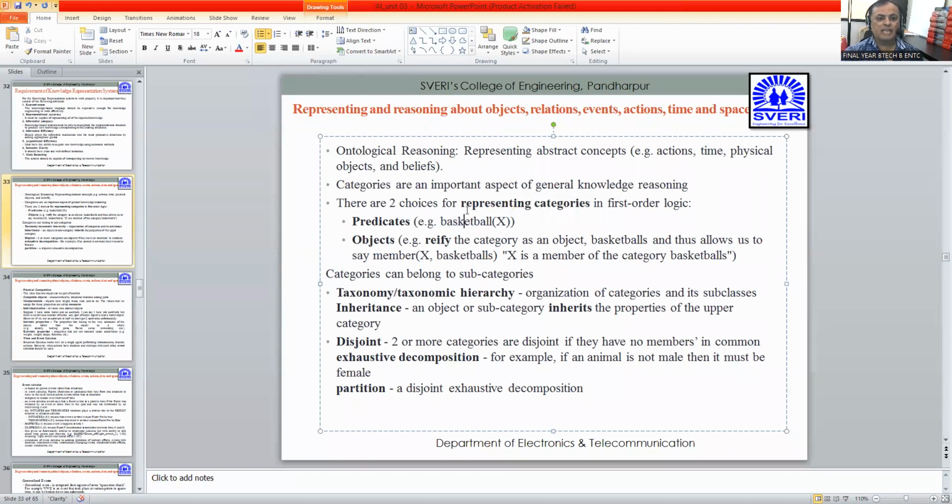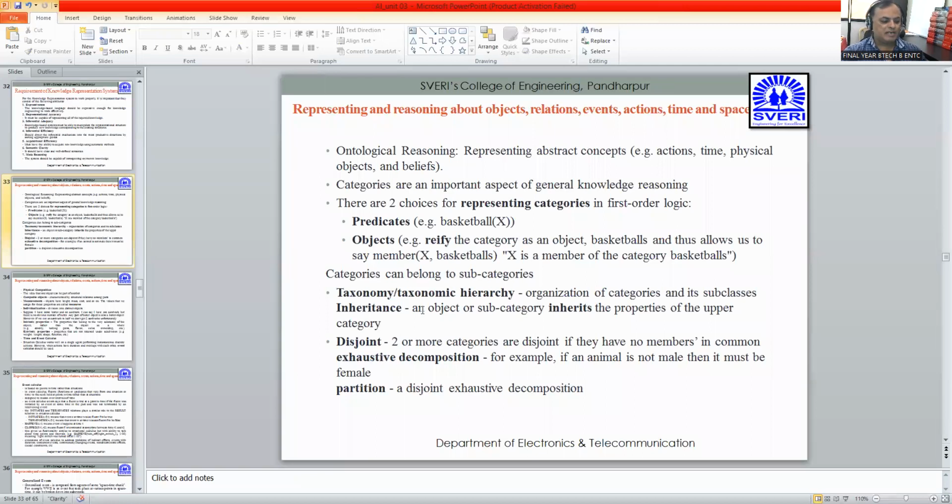Henceforth, this category representation is very much important. Categories can also belong to subcategories. So again, when we see it as two categories, then it is again divided into subcategories. So what are the subcategories? The first one is taxonomy or taxonomic hierarchy.